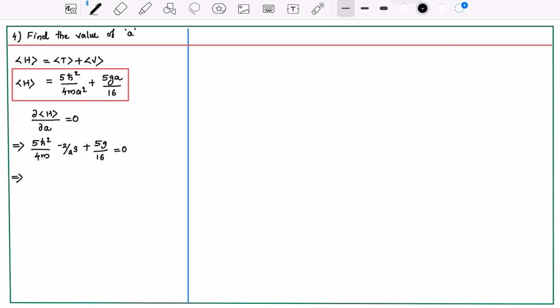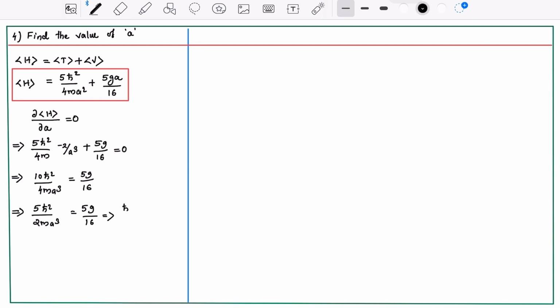This gives 10ħ²/4mA³ equal to 5g/16. This gives 5ħ²/2mA³ is equal to 5g/16.